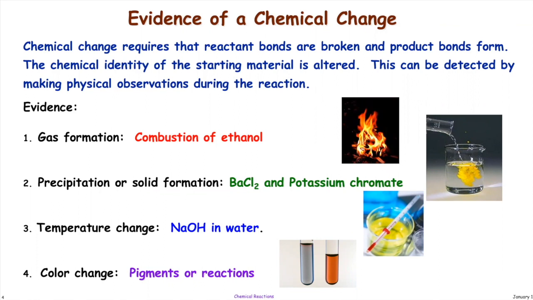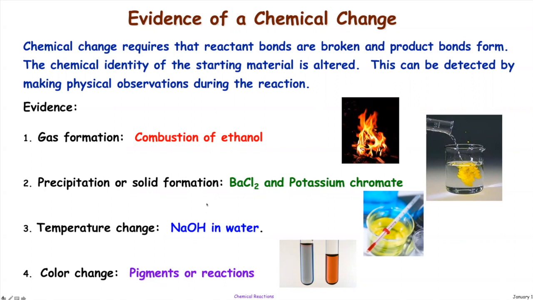Okay. When you see a precipitate form, and a precipitate is like this, where you have two transparent liquids, and when you mix them, it starts to form this cloudy solution. Well, that's a precipitate. If you let that cloudy solution settle, it actually collects as a solid at the bottom. Okay, so that's a precipitate formation.